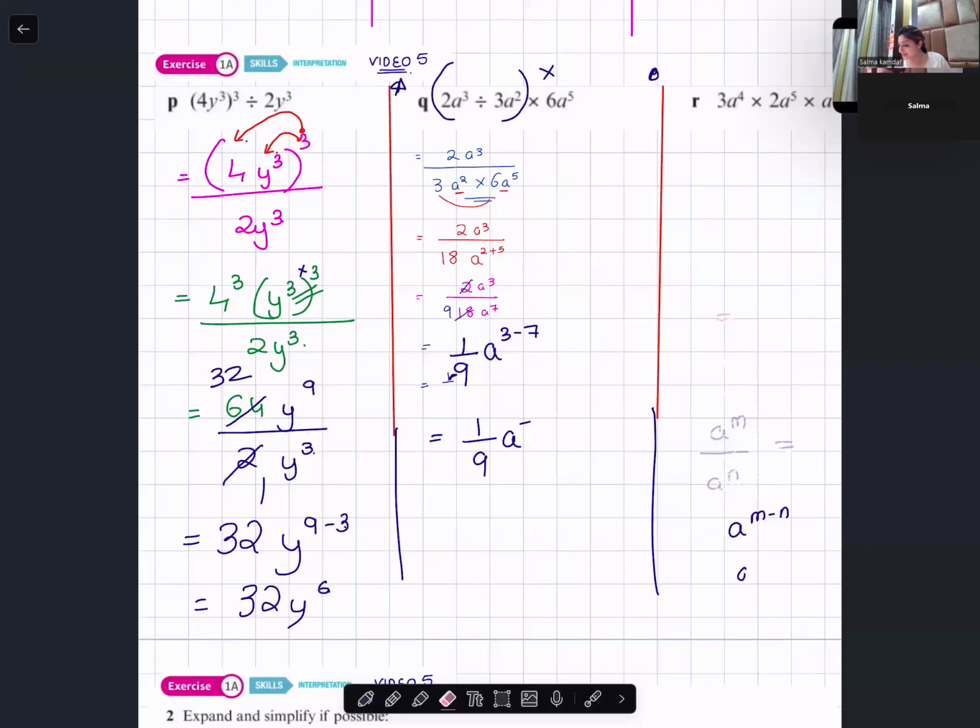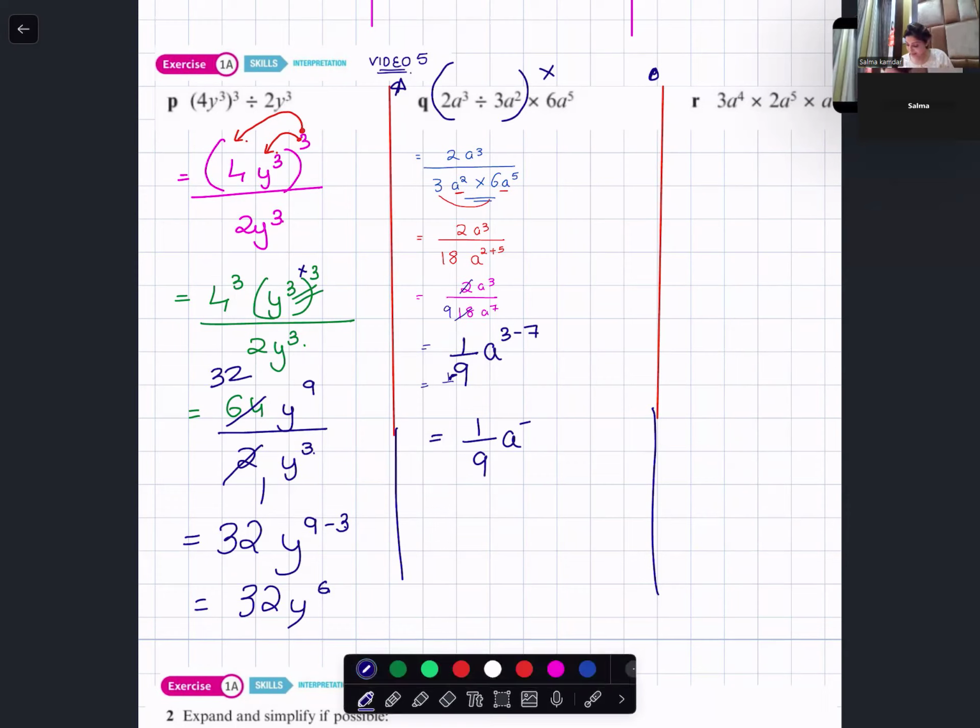The reason of doing it wrong was that you have to first separate the brackets. Now let's see how this is. It is actually 2a cube divided by 3a square and then it is multiplied by 6a^5. This is the wrong part.